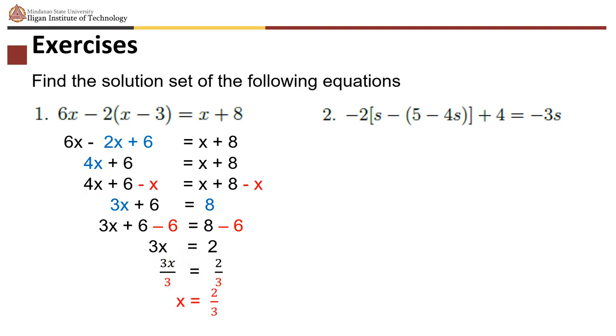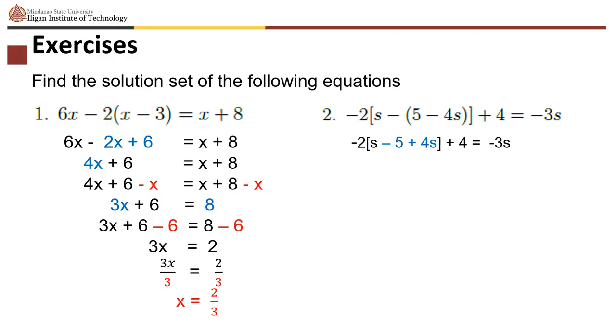On the other hand, for number 2, we have the following solution. First, we try to get rid of the inner parentheses here and come up with the following. Negative 2 times the quantity s minus 5. Then minus of minus 4s will give us plus 4s, plus 4 equals minus 3s. And then we group together s and 4s inside the bracket.